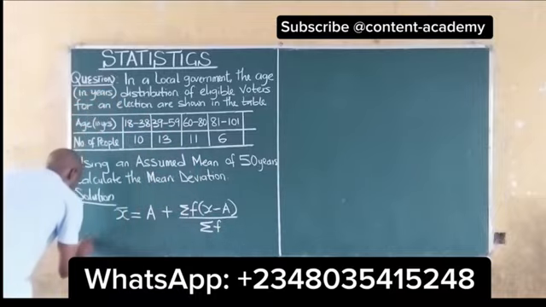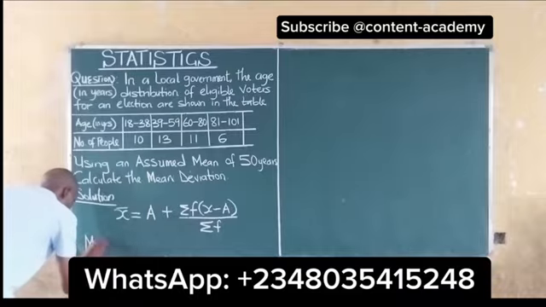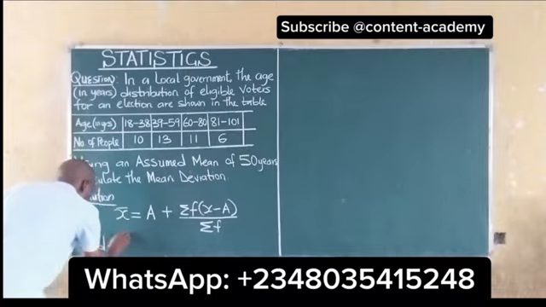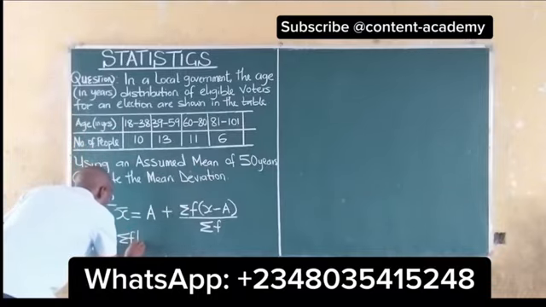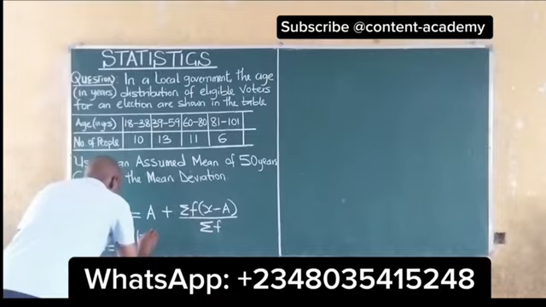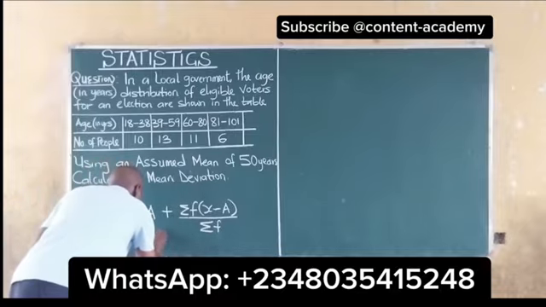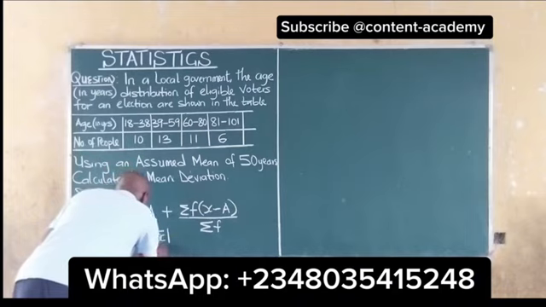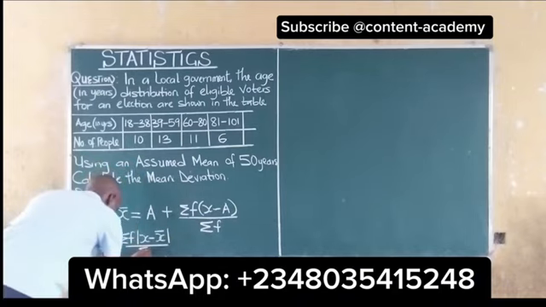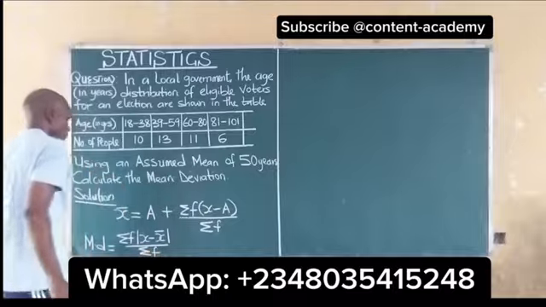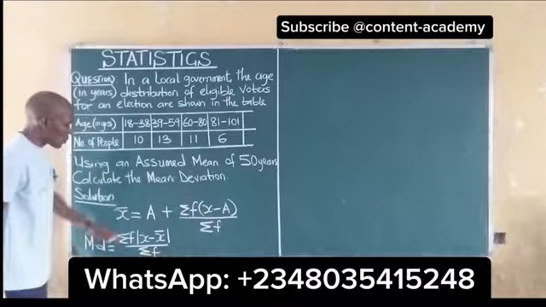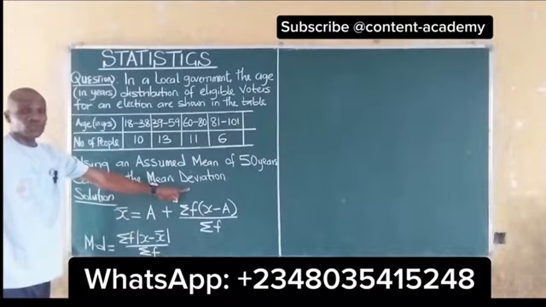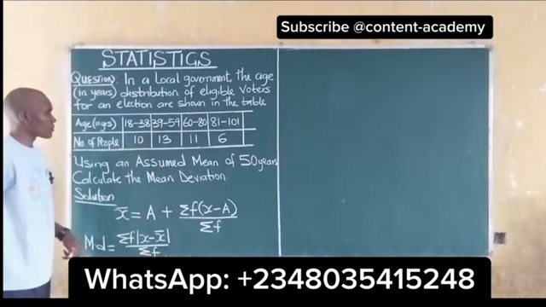And our mean deviation is equal to summation of f modulus of x minus x bar all over summation of f. So this is what we use in computing the mean deviation for the given question.